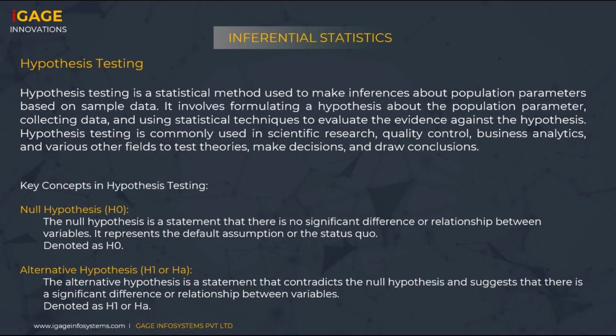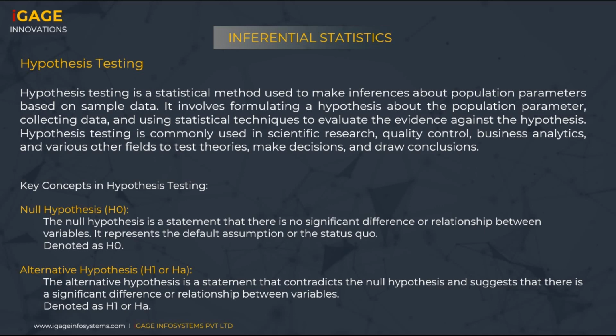The null hypothesis is represented by H naught and the alternative by H1. In the case of the alternative hypothesis, we assume that the sample observations are not by chance; they are affected by some non-random situation.